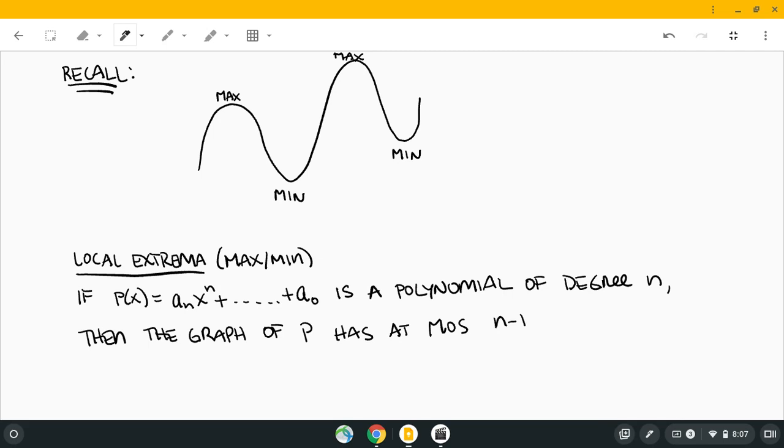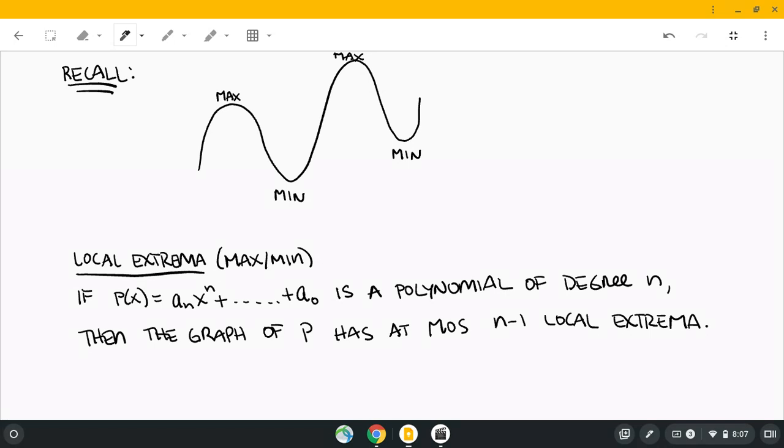So if the degree is 5, then n minus 1 would be 4. Has at most n minus 1 local extrema. Okay. And that's kind of a big deal.